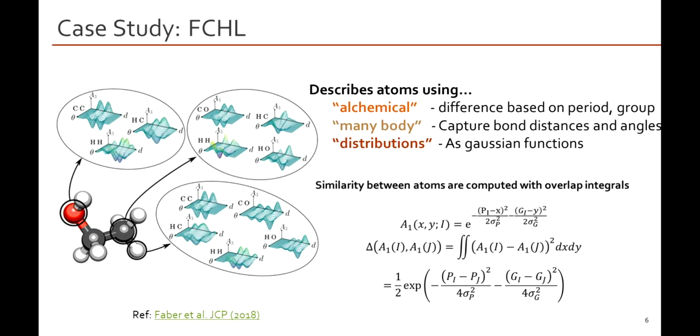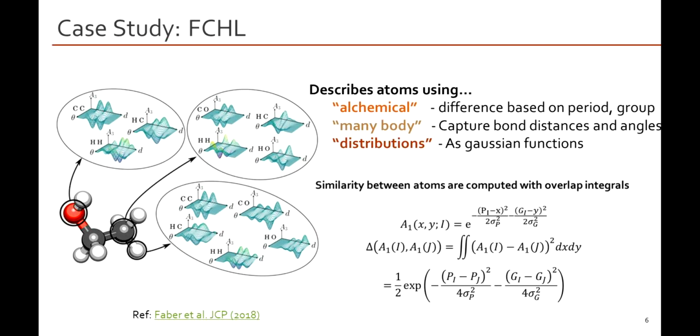And then I can capture the similarity between atoms by taking the overlap integral between those different kinds of Gaussian functions. So as an example, one is just based on the one-body term, or just the atom itself and not any of its neighbors.